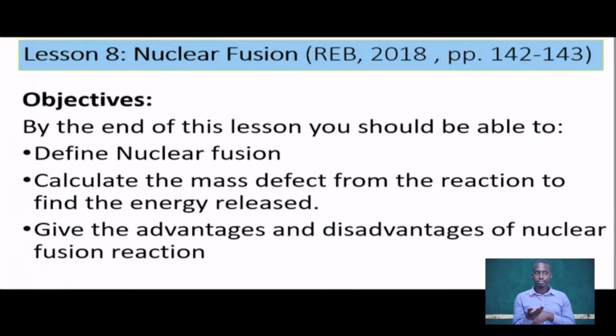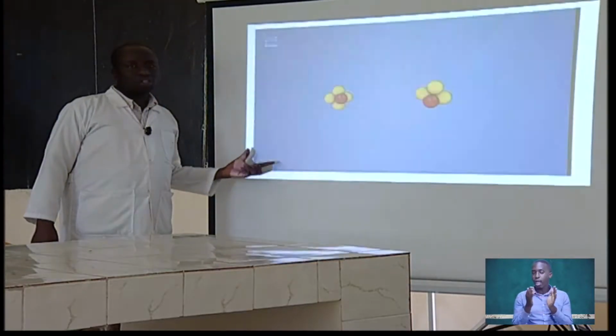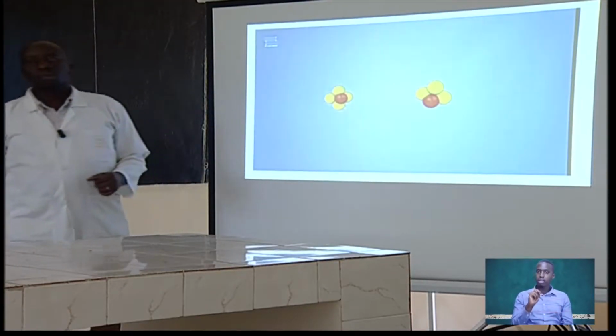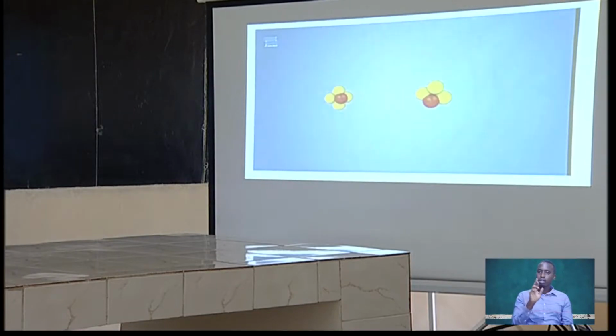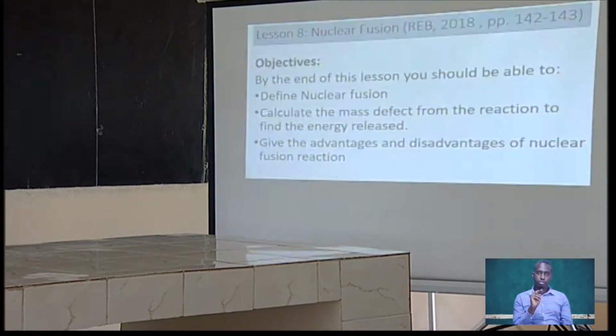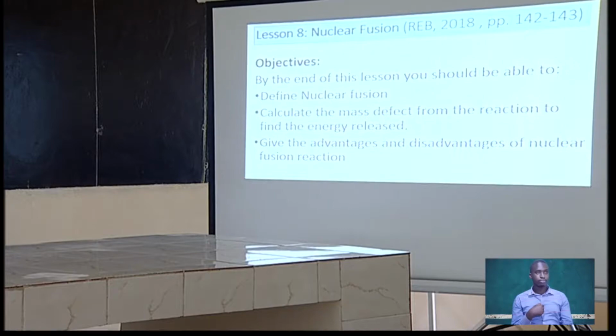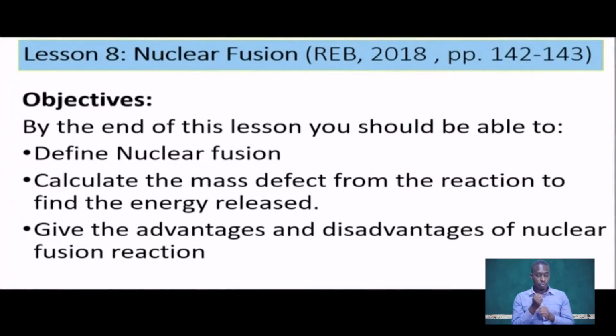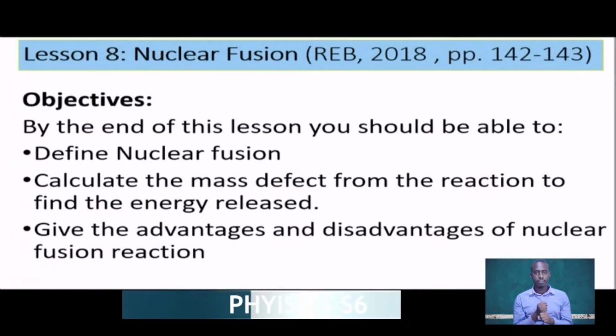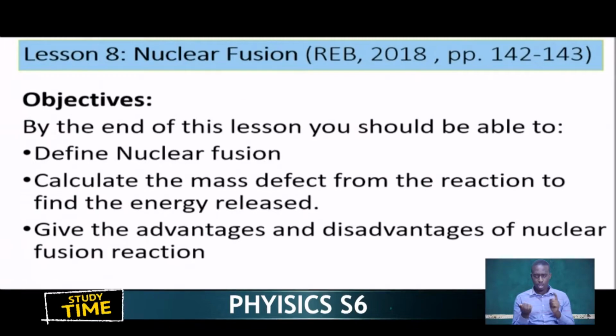And I want you also to be able to give the advantages and the disadvantages of the nuclear fusion. So I hope that you are ready to have all of these objectives well achieved.